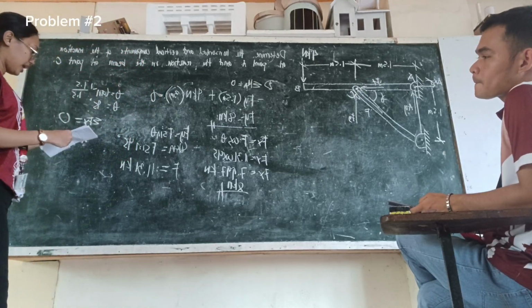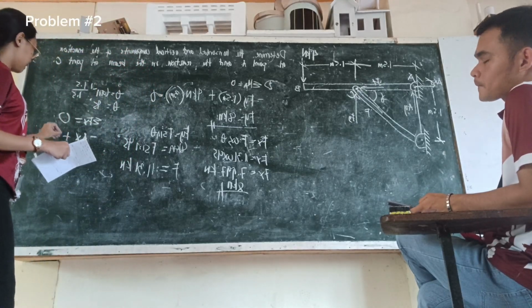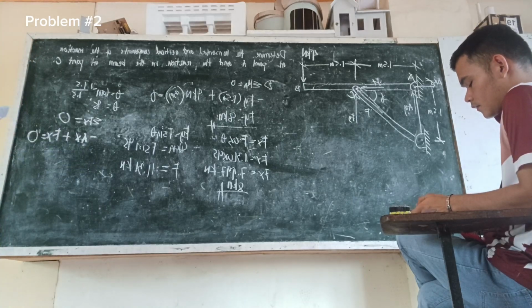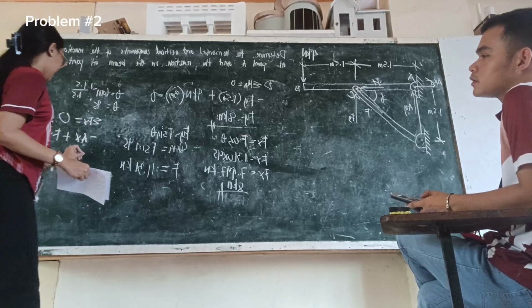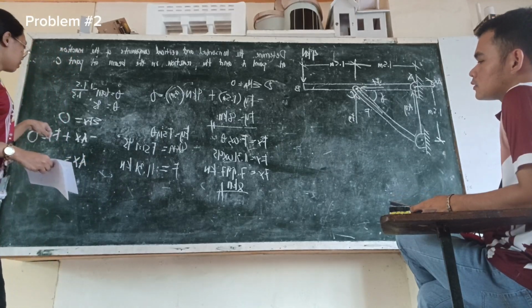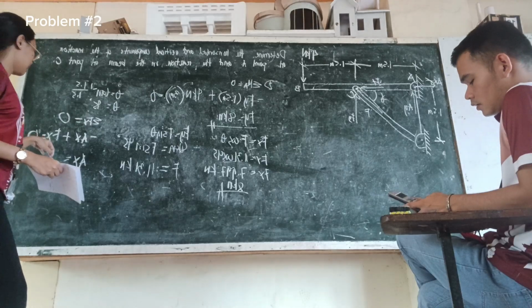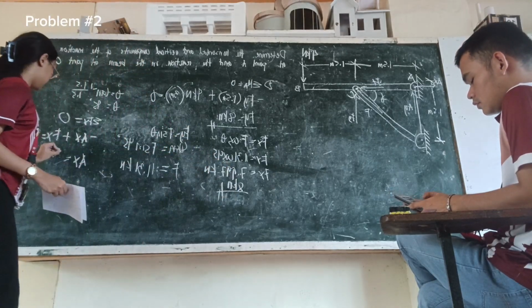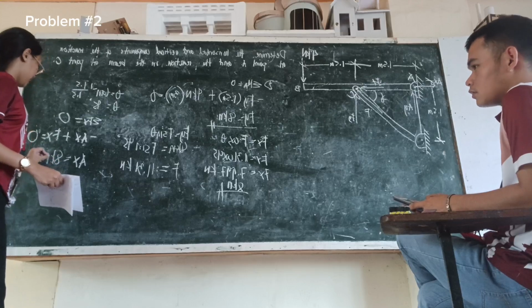So negative Ax plus Fx is equal to 0. Since we know that Fx is equal to 8 kN, Ax is 8 kN.